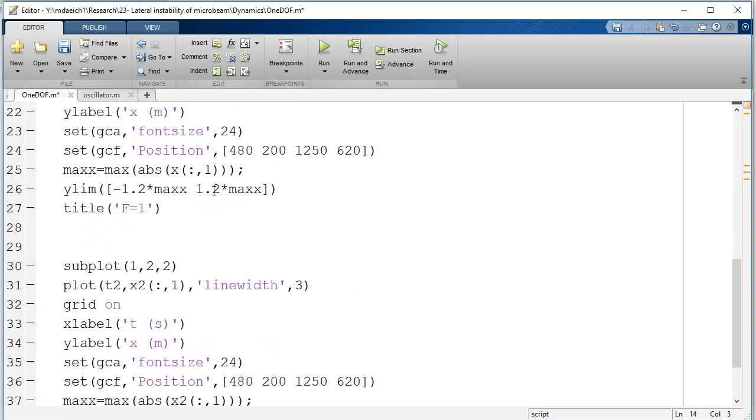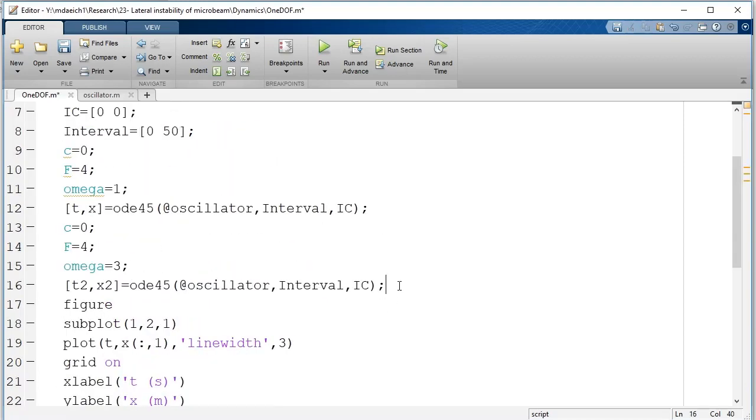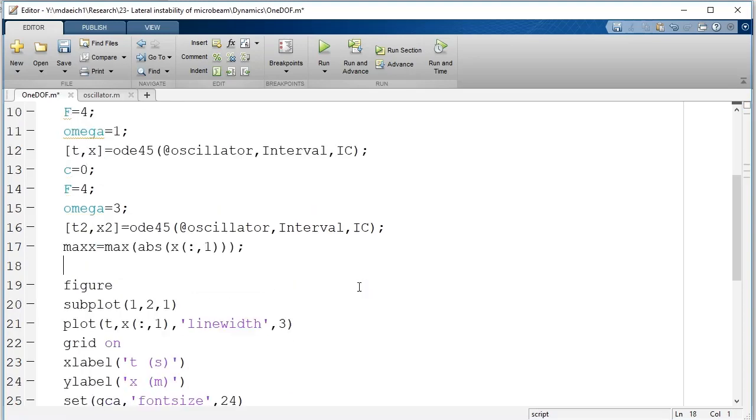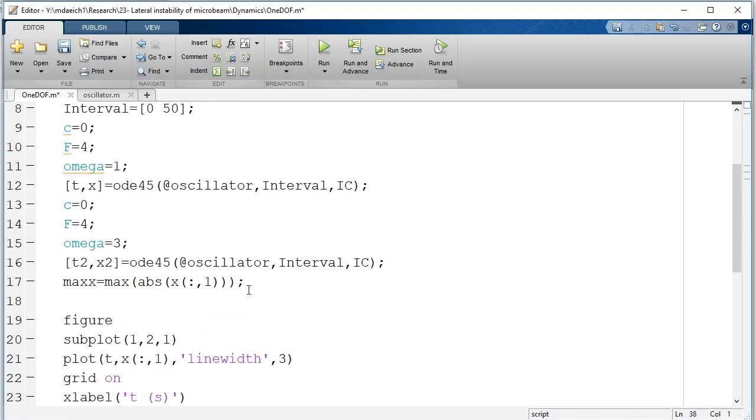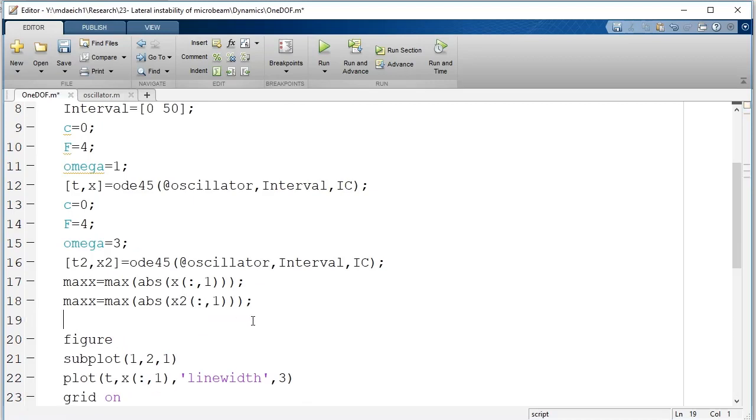And here I also want to have the same y limit for both graphs so that we can compare them. So let's say that this is max. Let's bring this equation here. Bring this equation here. So this is the maximum that we use for, let's call this max 2.